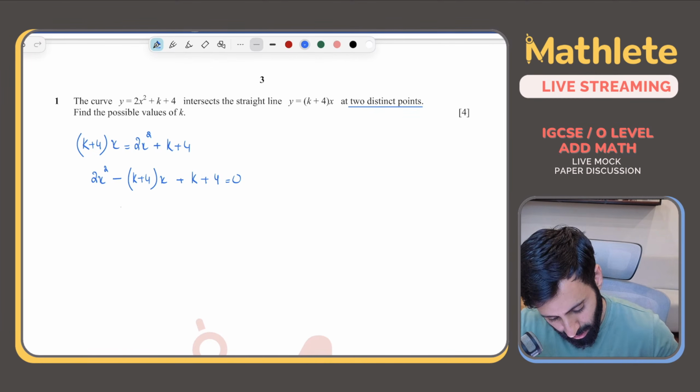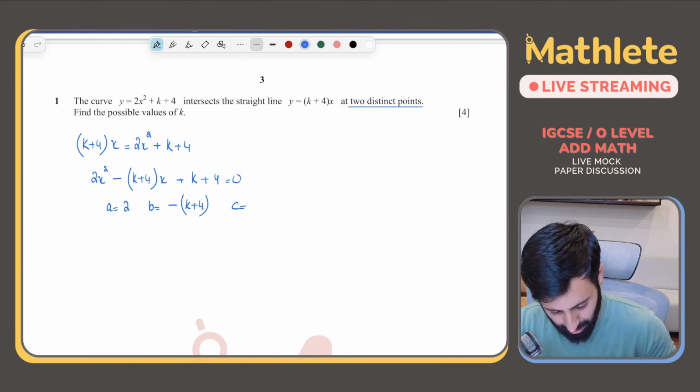Okay, now b square minus 4ac will be greater than 0. Now what is a? A is 2. What is b? Technically b is minus k plus 4, but this minus sign becomes irrelevant because we will square it. And what is c equal to? C is also equal to k plus 4. Theek hai?